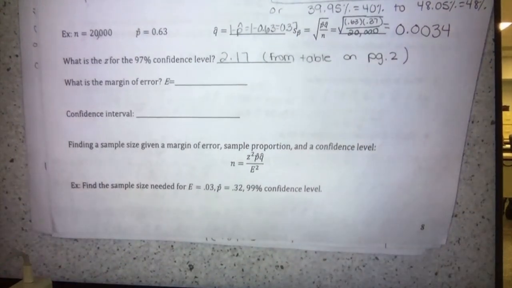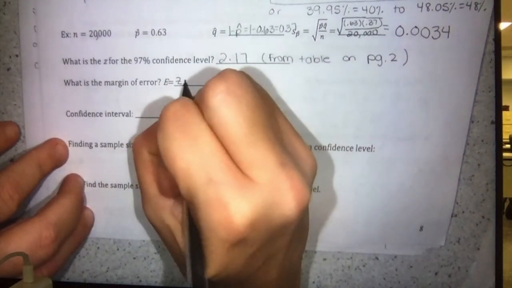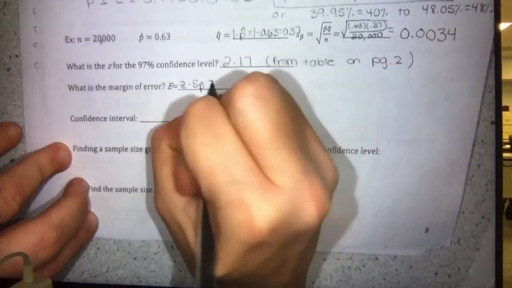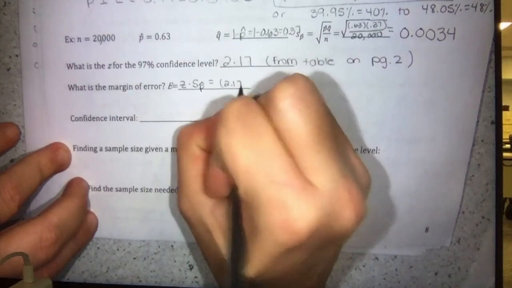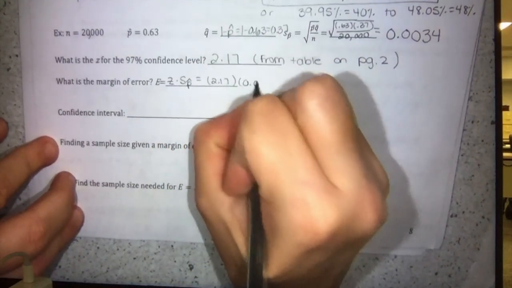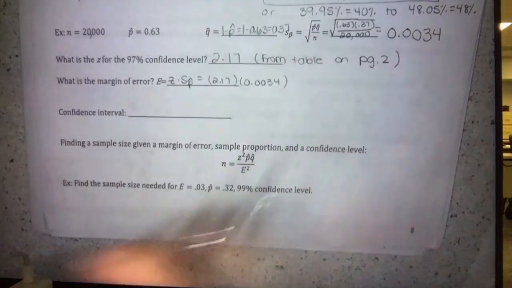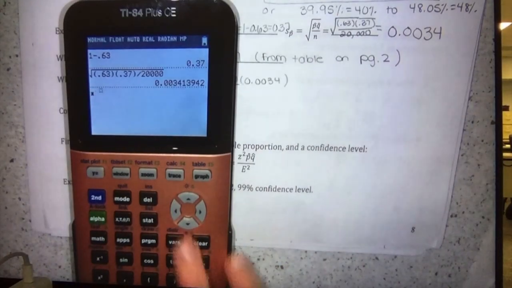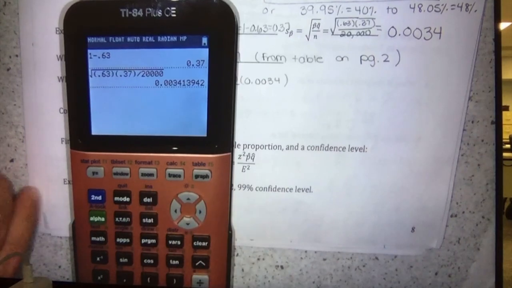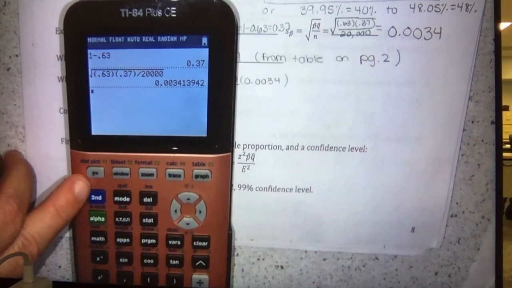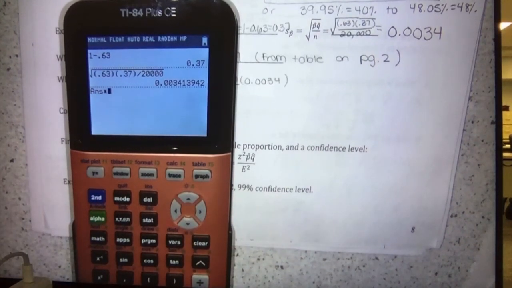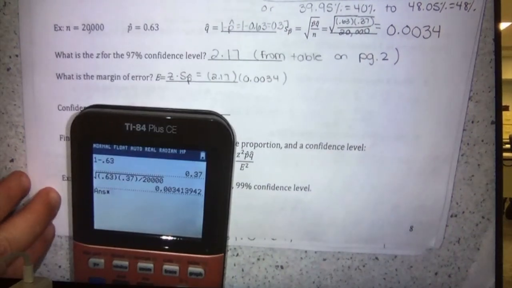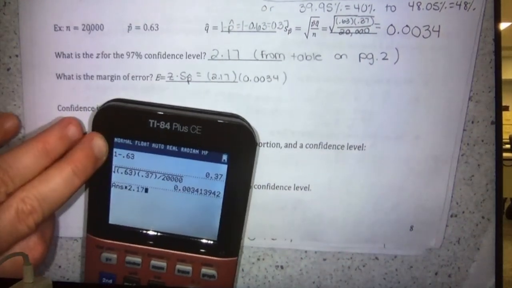What is the margin of error? We know the margin of error is z times our sampling standard deviation. So 2.17 times 0.0034, which is already in my calculator. So second answer, there we go, times our 2.17.